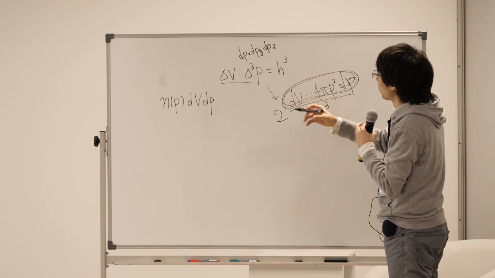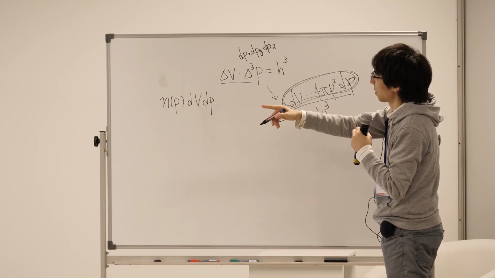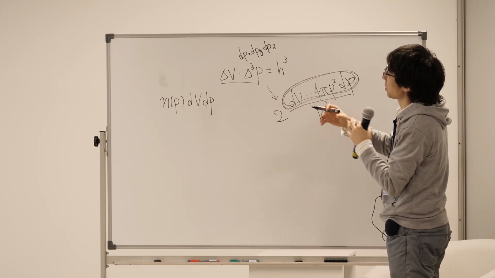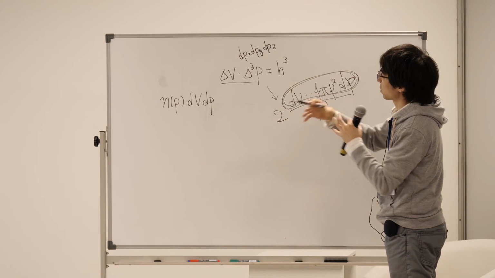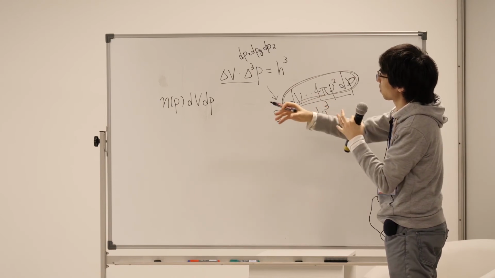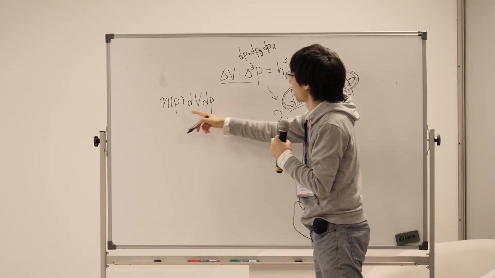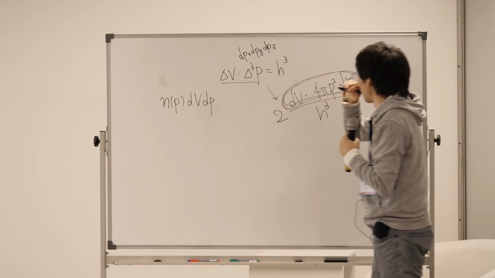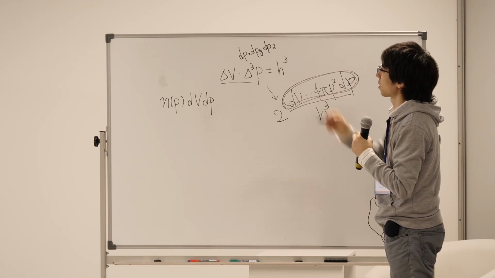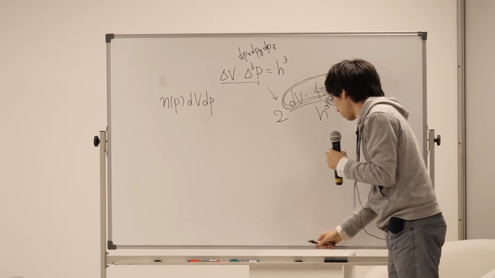So that gives you the number density of electrons which can have momentum in this degeneracy pressure limit.